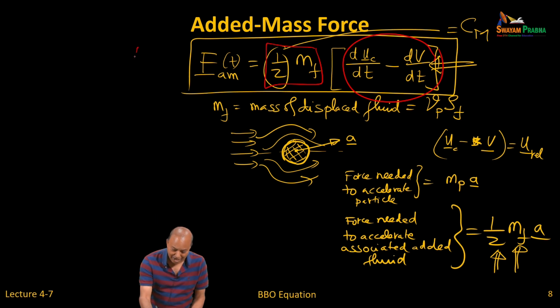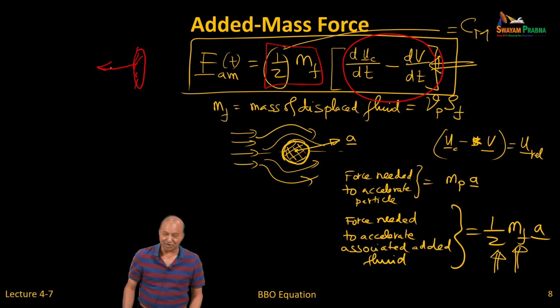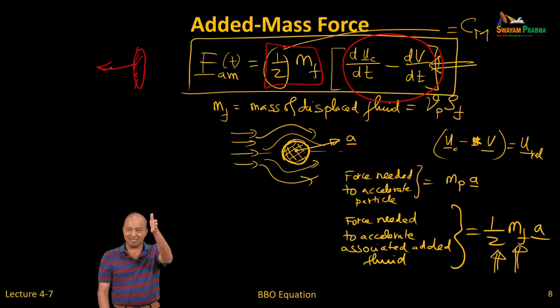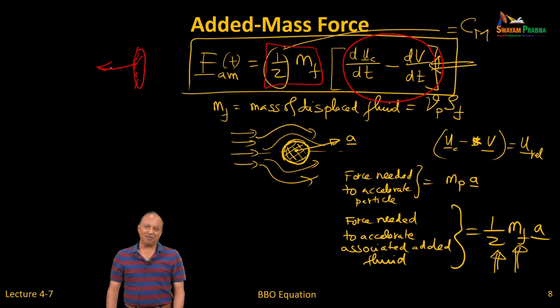Now, on the other hand, if you have an ellipsoid and you are accelerating it in this manner, you can already see that the added mass is not going to be half, it is going to be maybe 3/4 or 4/5. So added mass is particle shape dependent.